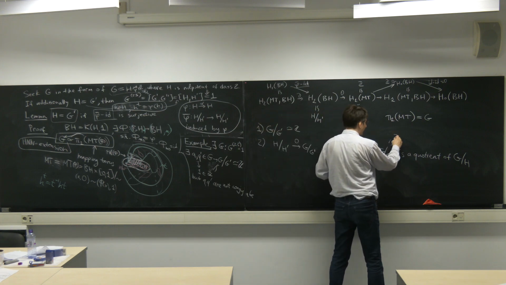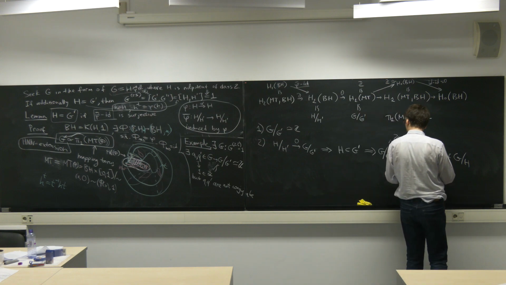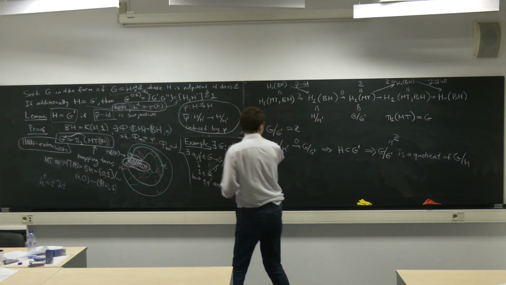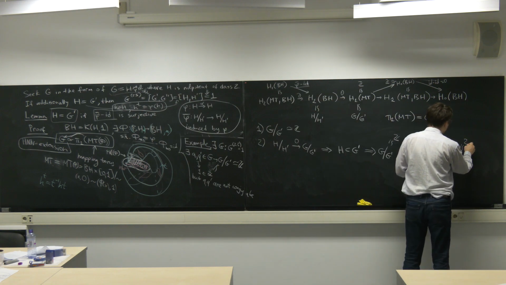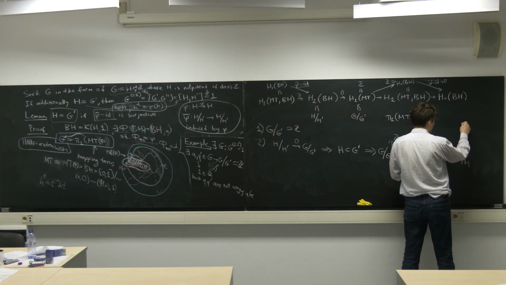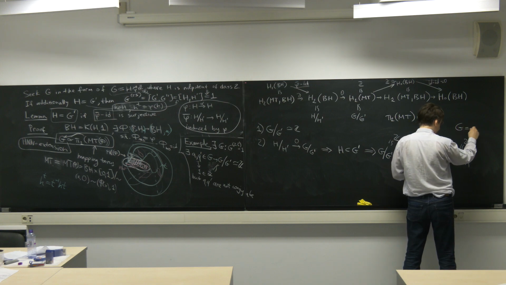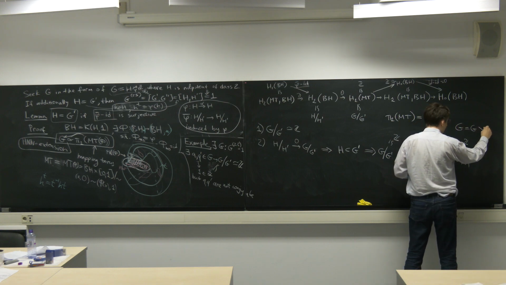But this is isomorphic to Z. Here we have it. And G modulo H is also isomorphic to Z, because G is the semi-direct product of H with Z.